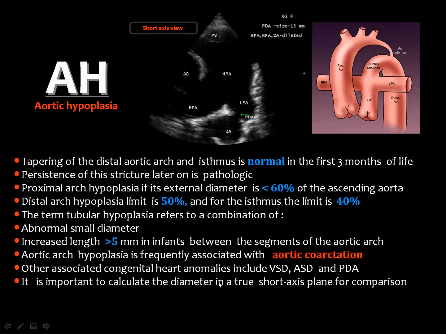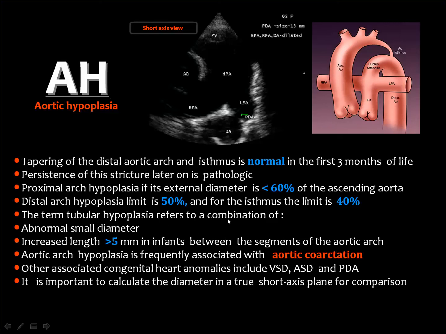The next lesion is aortic hypoplasia. This aortic hypoplasia usually affects the aortic isthmus. It is mentioned in the literature that the distal part of the aortic arch and the isthmus is usually tapering in the first 3 months of life, but the persistence of this appearance is diagnostic of aortic hypoplasia.